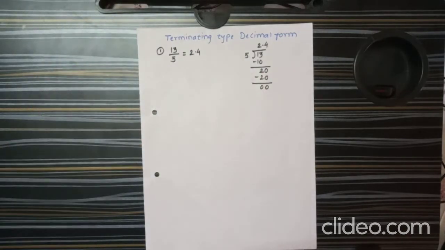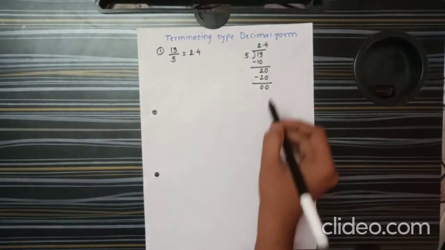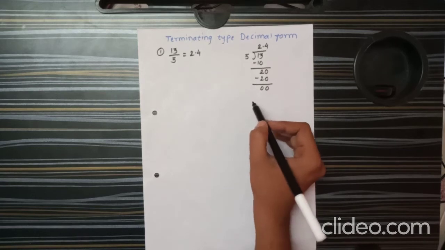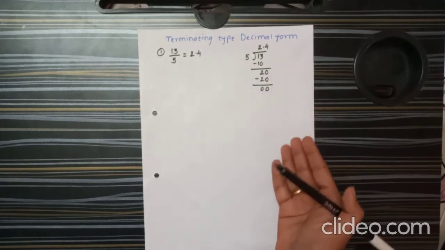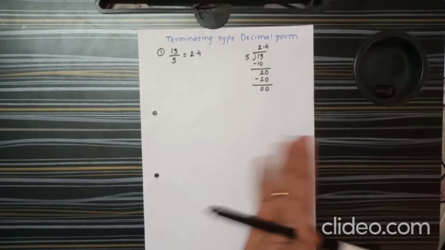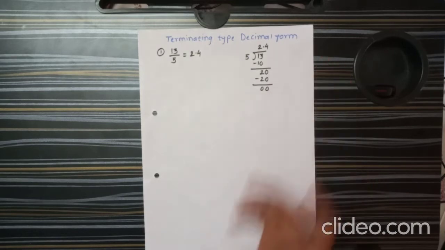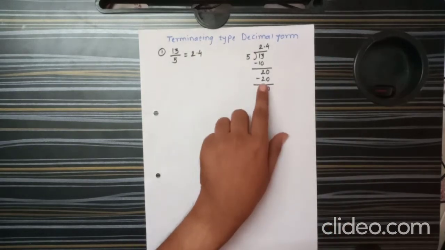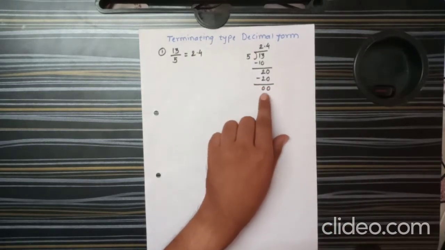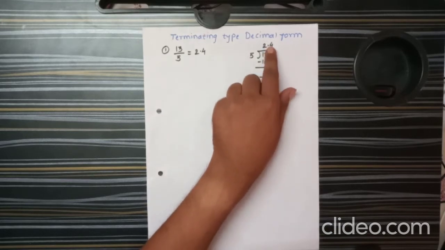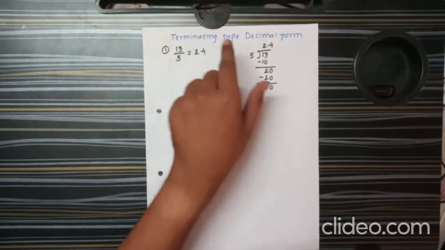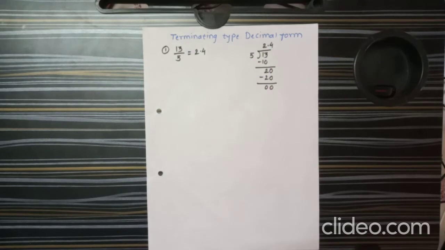So this is a terminating type decimal form because the division has come to a halt here. We are not solving this till the end of our page or some further pages. Whenever this division comes to a halt, means when the remainder is 0, then we get the answer of terminating type decimal form.